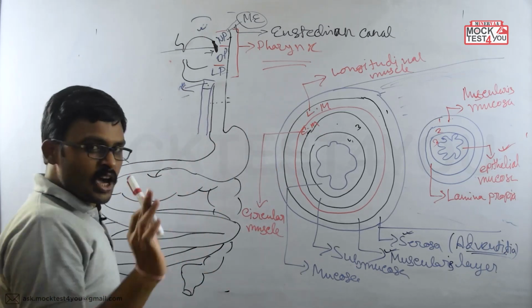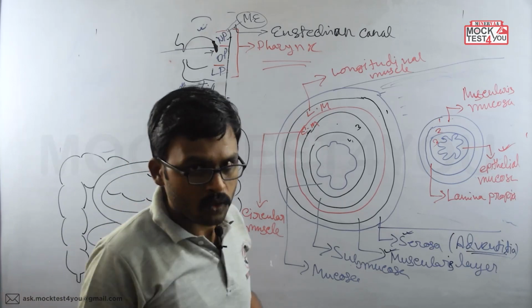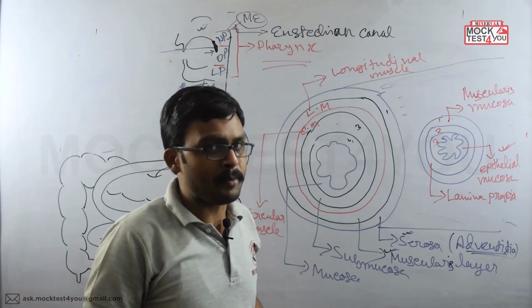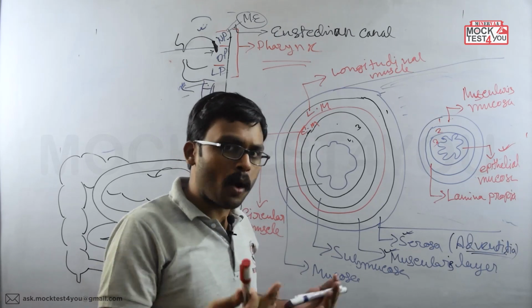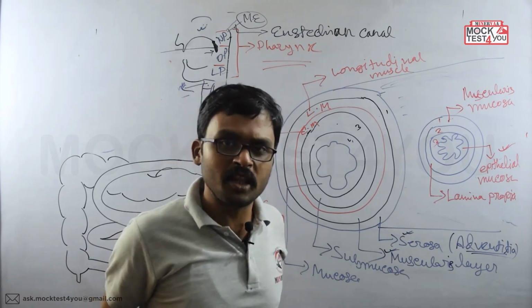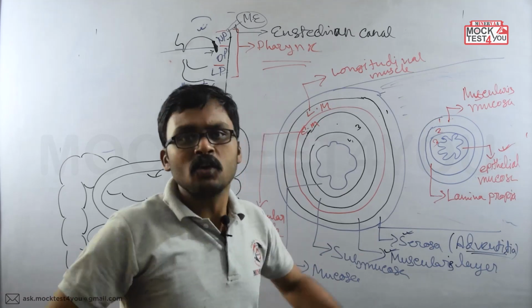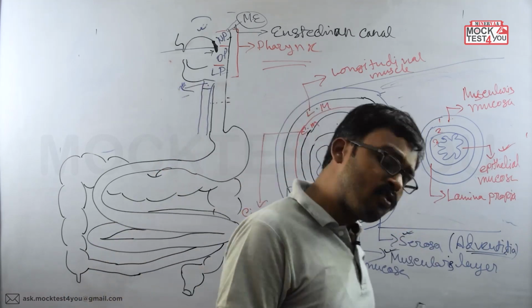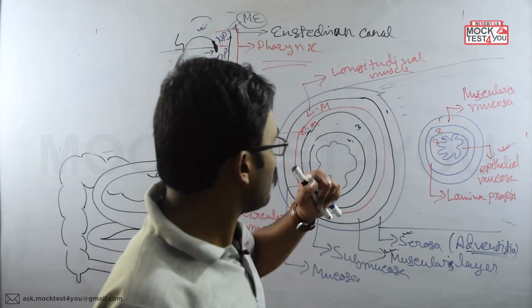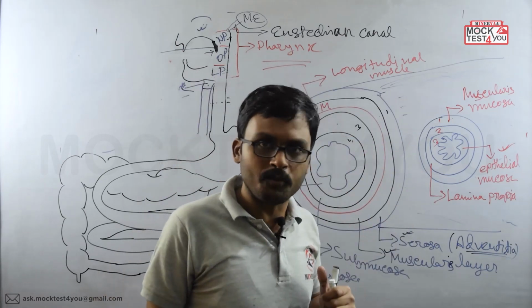Now which kind of epithelia are there? We know different kinds of epithelia are present inside the body, like squamous epithelium, stratified squamous epithelium, columnar epithelium, cuboidal epithelium. But which one is present over here, that we have to know.